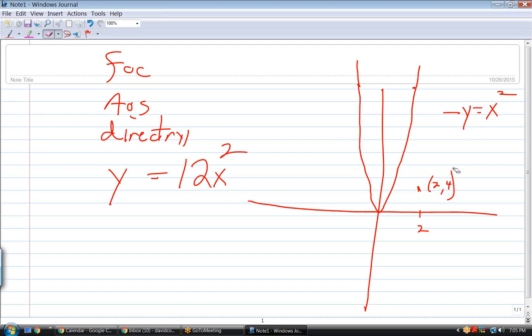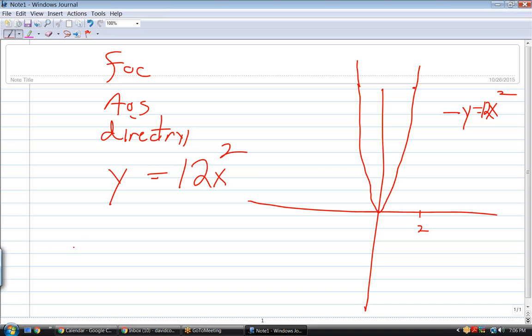Now, this curve is 12x squared. What have they taught you at Ralston Valley is the standard format for a parabola, as a conic section, not as a quadratic?